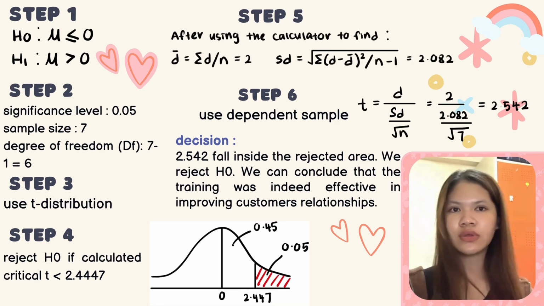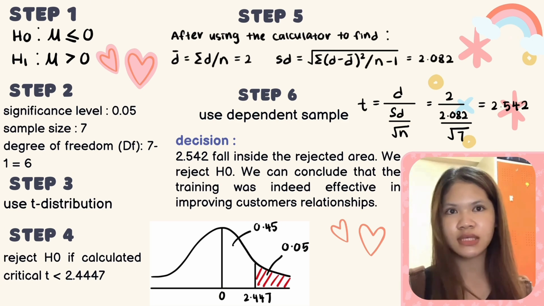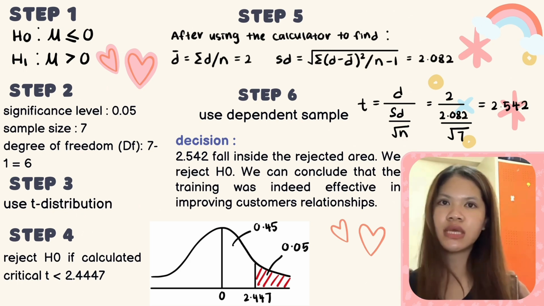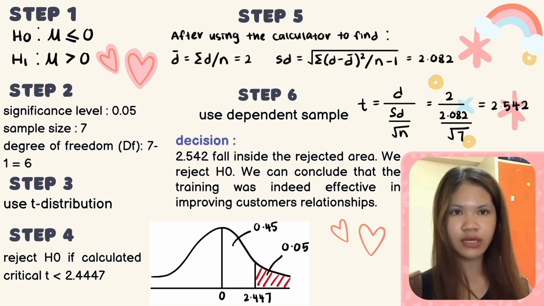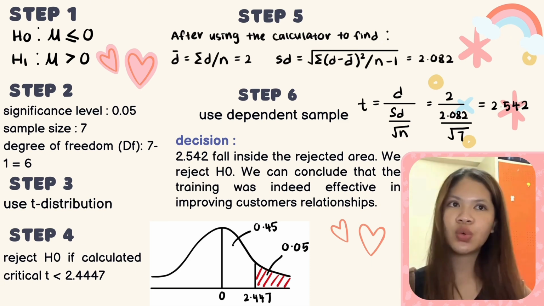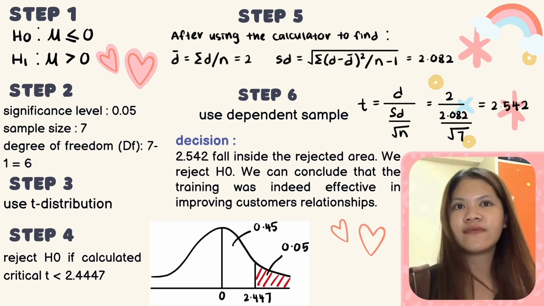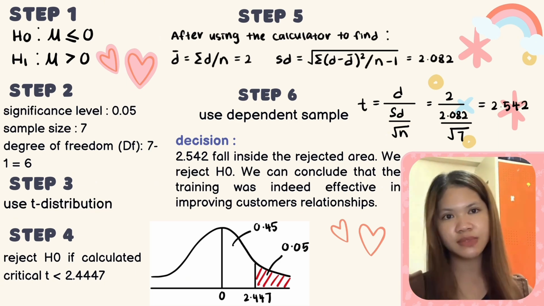So we calculate using the calculator and we got the value of t is 2.542. So the decision is 2.542 is inside the rejection area. So we reject H0. We can conclude that the training was indeed effective in improving the customer relationships.